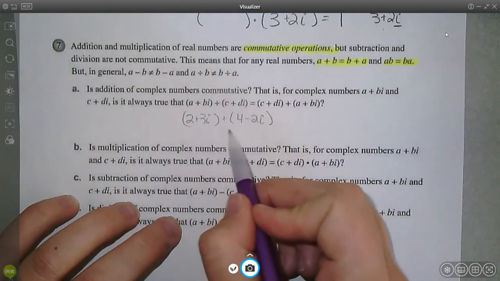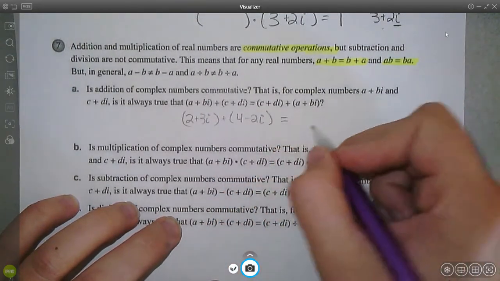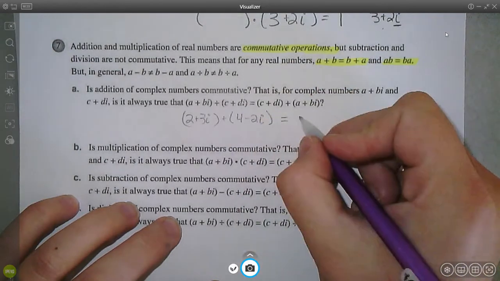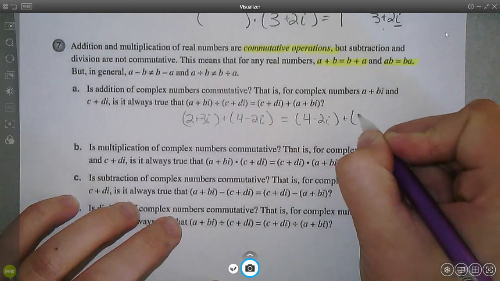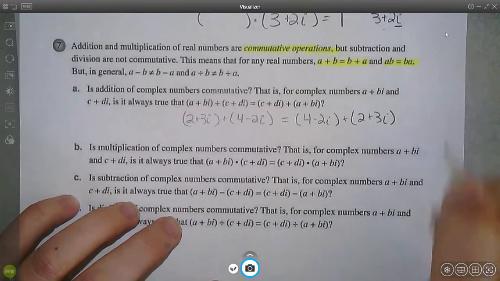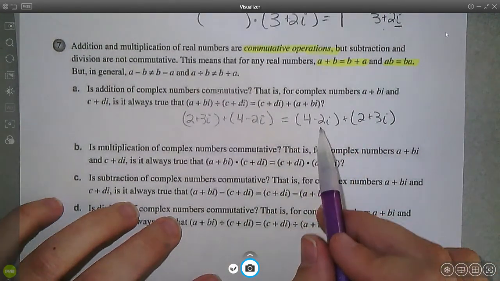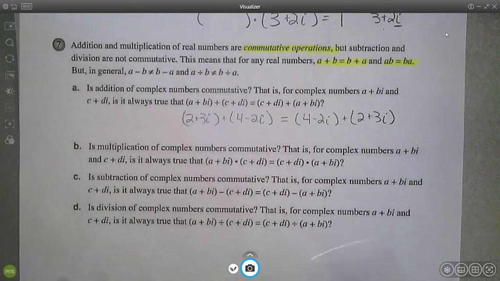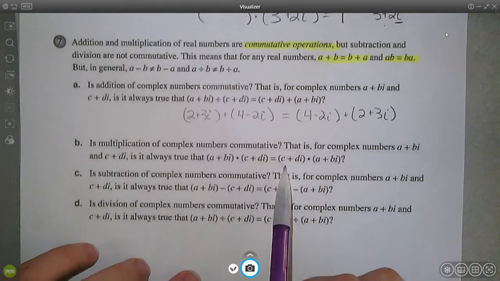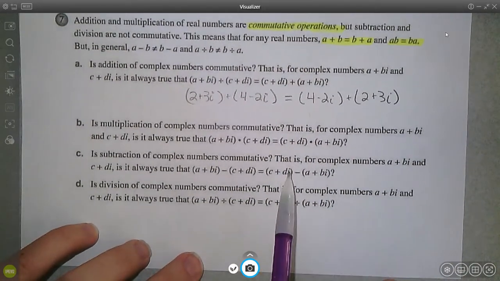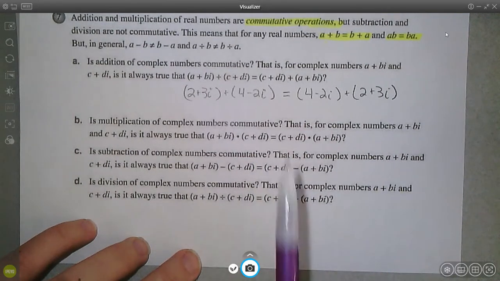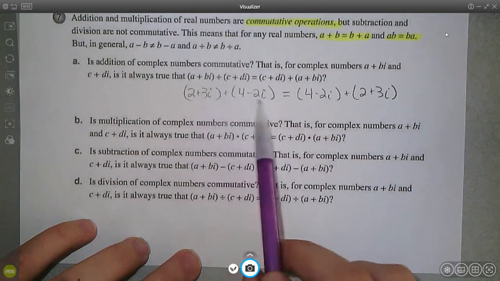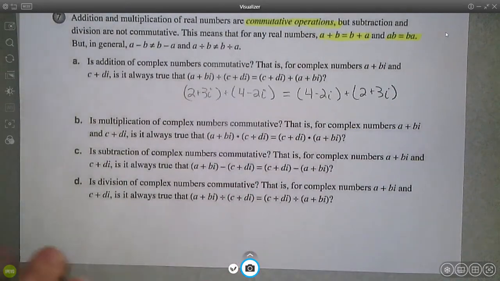So do this and see if that is equal to, when you flip it, 4 minus 2i plus 2 plus 3i. As long as you come up with an example and show it works, that would be fine. Or it doesn't work. You're going to do the same thing for multiplication, the same thing for subtraction, and the same thing for division. So if you want to use these two complex numbers for that, that's perfectly fine.